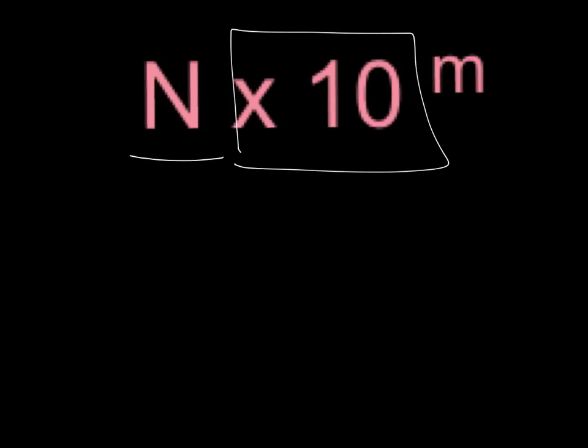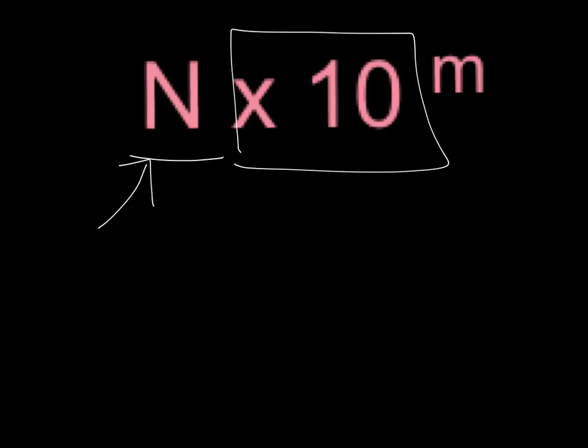When writing numbers in scientific notation, they all have a common form, and this form is a number times 10 with an exponent. The times 10 part never, ever changes. It'll always be times 10.